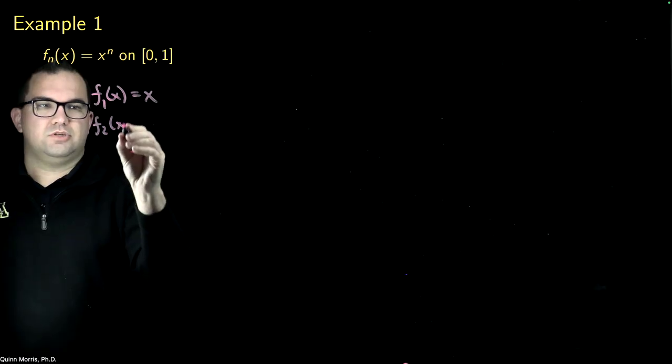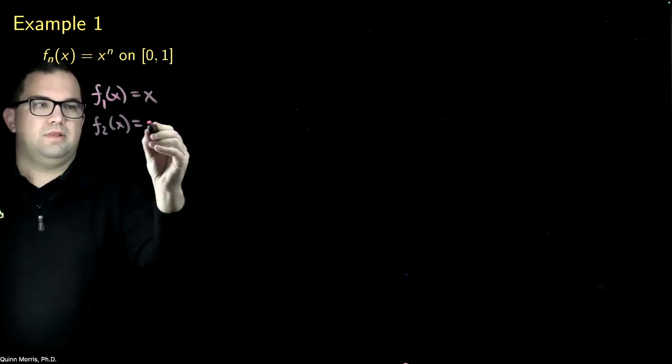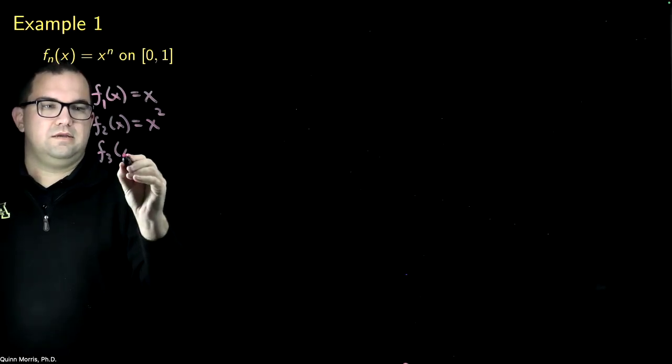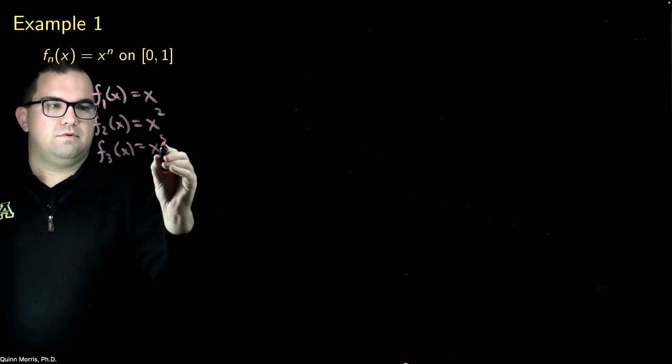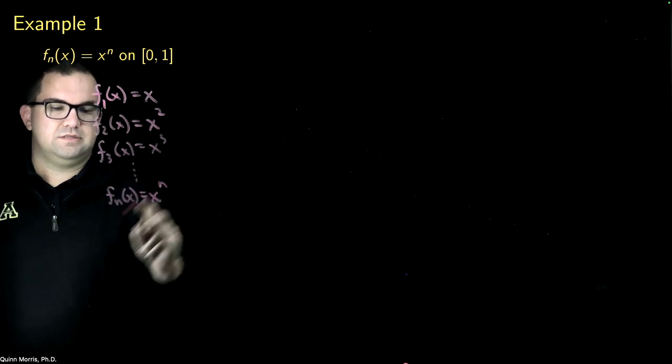I have a second function, f sub 2 of x, and it is simply x squared. And so you can see how this is going. And then in general, the nth term, f sub n of x, is just x to the n.